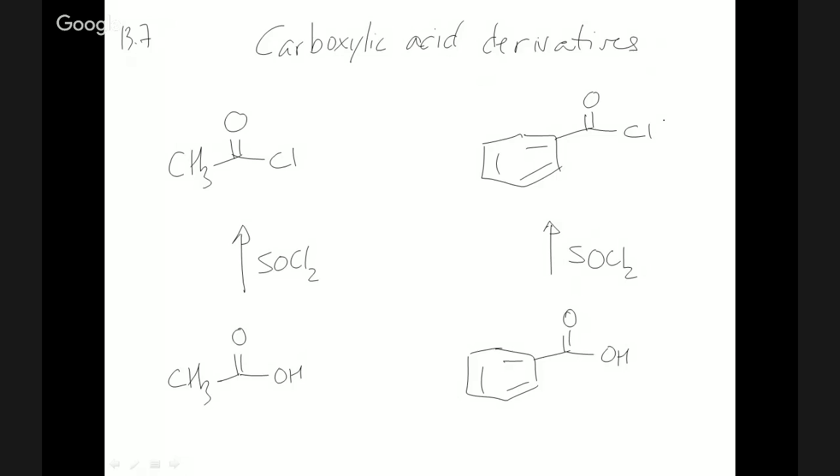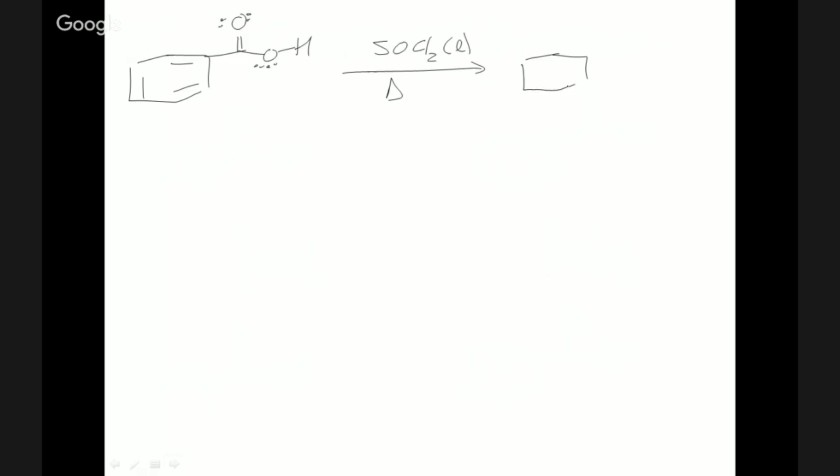So let's go over, again, a teaching mechanism for SOCl2. We've got our carboxylic acid again. SOCl2 is a liquid. It'll be important in a second in our discussion.